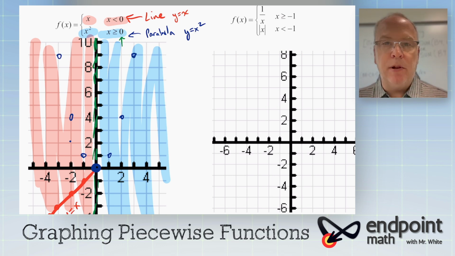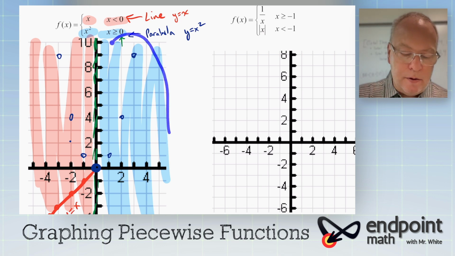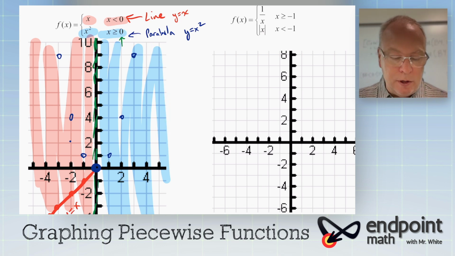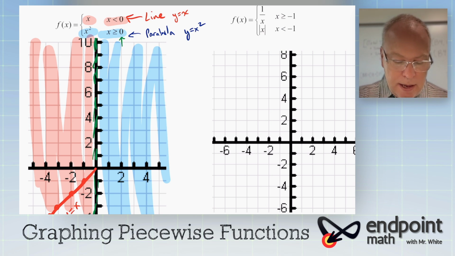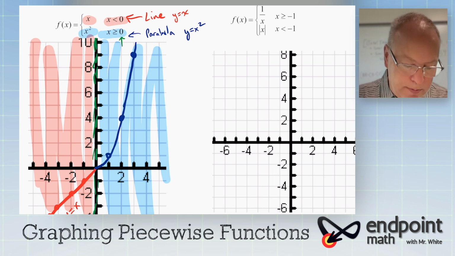That's what a parabola looks like. However, again, I'm not going to graph these dots over here. I'm only going to graph the stuff over here. So let me get rid of those dots and start over here. And my dots go like this: 1, 1, 2, 4, 3, 9, and then I'm off my grid. So here is the portion that is a parabola.